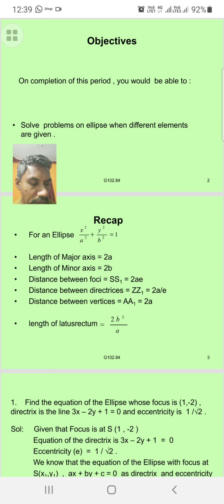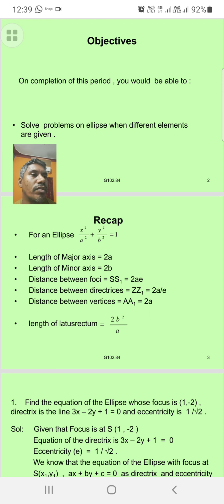So whatever elements are given, you have to take and substitute in the formulas. Using the eccentricity formula, you can build a new equation in one term, either in terms of a or in terms of b.